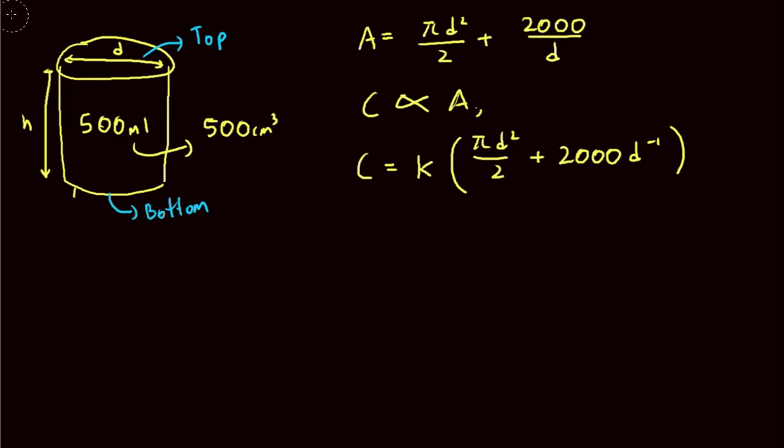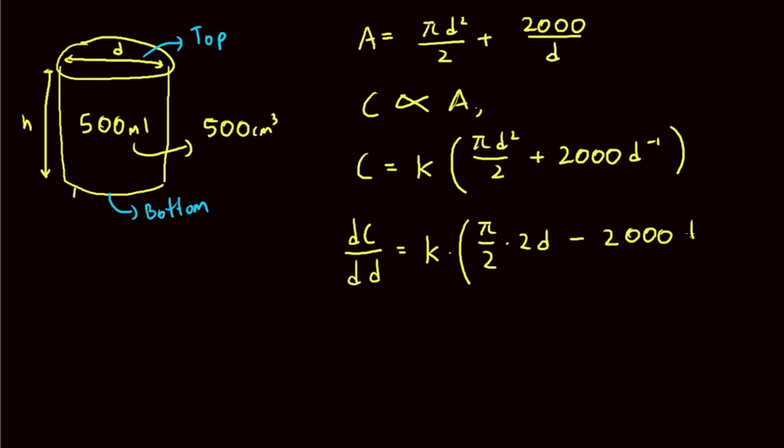With that being said, we're going to take the first order derivative, dC over dd. Please don't be confused: k is just a constant, so we leave it as it is. It will become pi over 2 times 2d minus 2000 d to the power of -2. So we're left with pi k d minus 2000 k d to the power of -2.